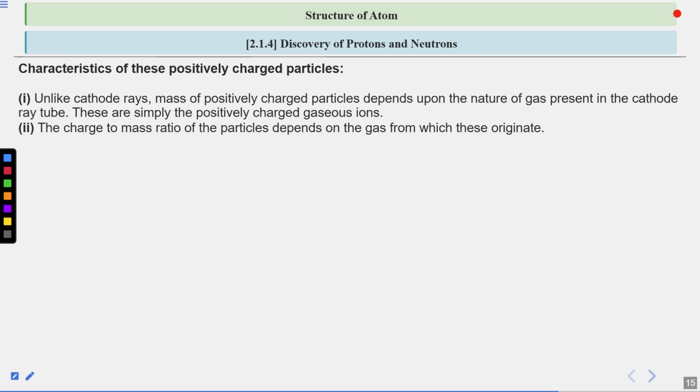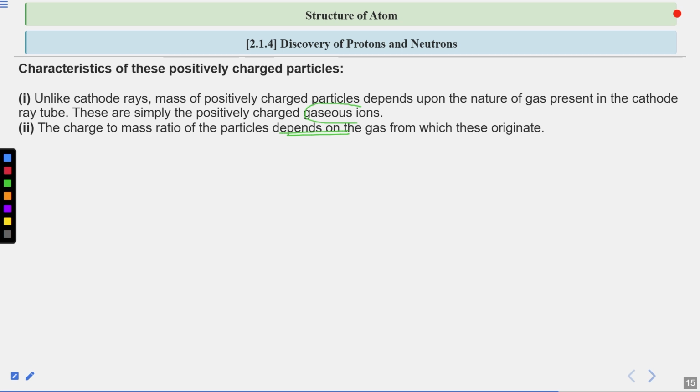The second thing, which is most important: in the case of the electron, the charge to mass ratio, or the characteristic of the cathode ray, was not dependent upon the gas that we are taking. I've said it earlier. But this is not true for the anode ray. It depends upon the gas. Now, what is the meaning of gaseous ions?